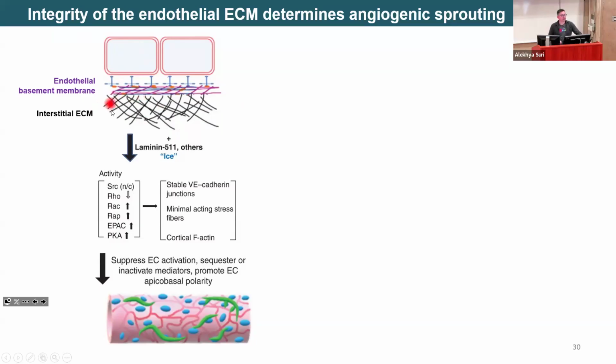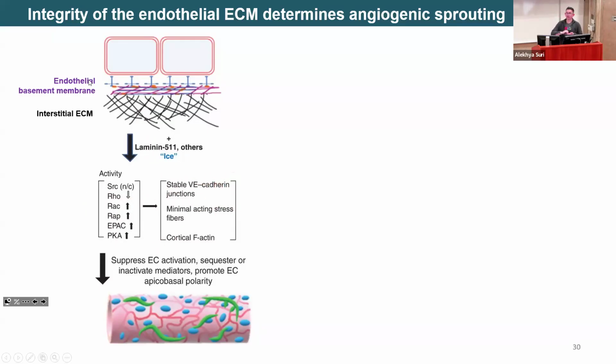So when the endothelial basement membrane is intact, that basement membrane contains a lot of laminin, right? And the presence of laminin signals the endothelial cell to reduce Rho activity and increase Rac, Rap, Epac, and PKA activity, right? All of those proteins signal to stabilize the junctions between endothelial cells.